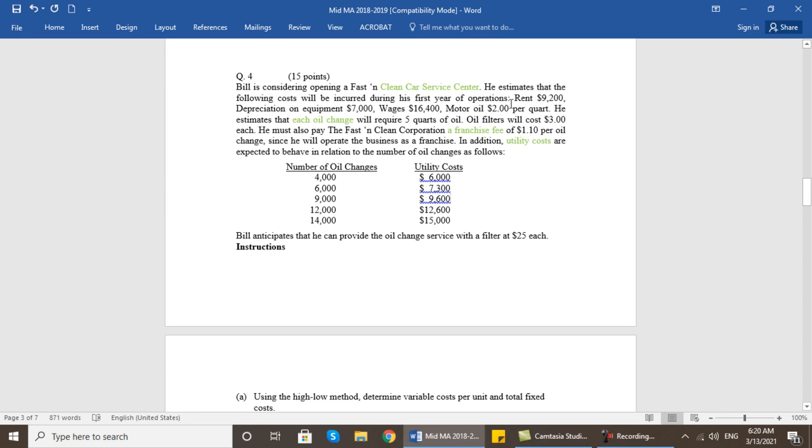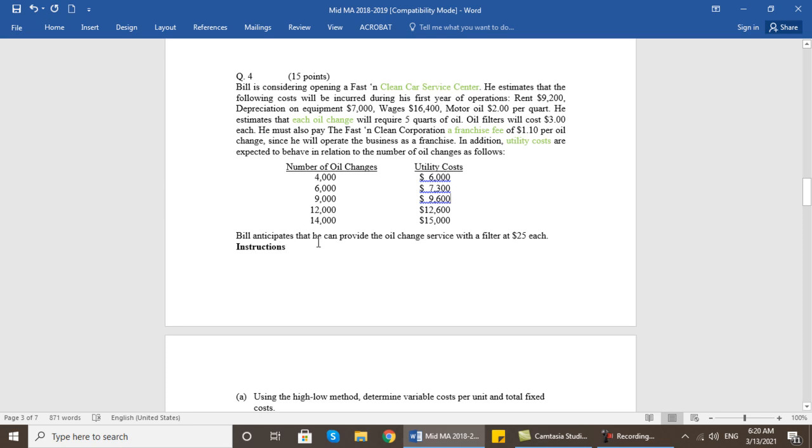As you see, here's rent, fixed cost, depreciation on equipment, fixed cost, wage, fixed cost, and there is variable cost, and here utilities will be considered a mixed cost. Number of oil changes, utility cost.